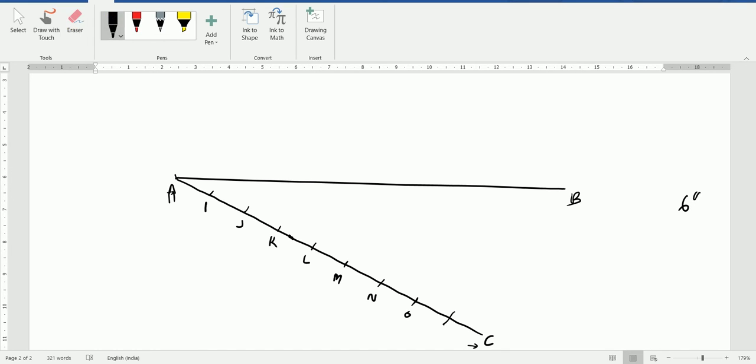So this is the C. And here we may join the last point with B in this way.